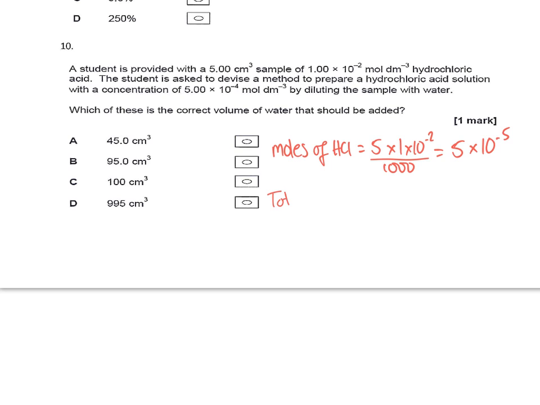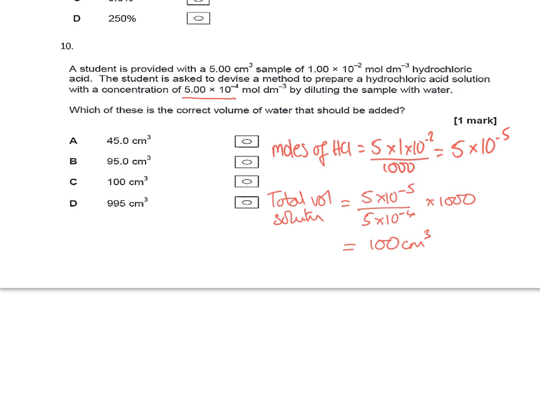Now I need to find out the total volume of the solution I need to make up this new concentration. So I'm going to take the moles I've just worked out. This is the concentration I want. And it's still times 1,000. So that gives me a total volume of 100 centimetres cubed.